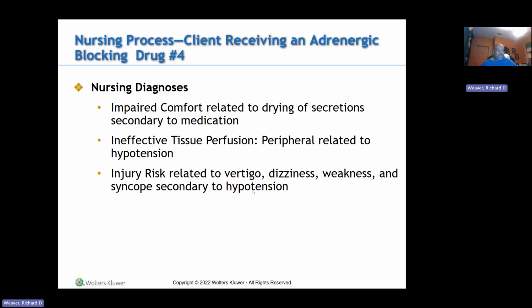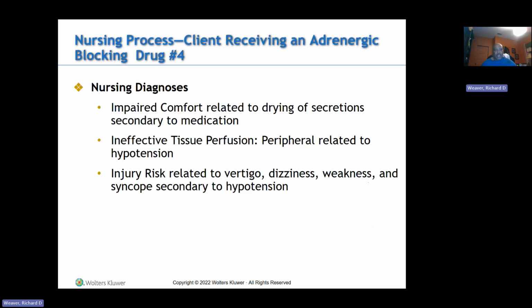So this hypotension or low blood pressure will result in what? Vertigo, dizziness, weakness. Muscles need oxygenated blood as well. So you can pretty much guess that if one of my side effects is hypotension, I don't necessarily need to memorize all the rest of those side effects or adverse reactions, because anyone with hypotension will likely experience vertigo, dizziness, and weakness because of that reduction in blood flow to your muscles, your brain, and so forth.